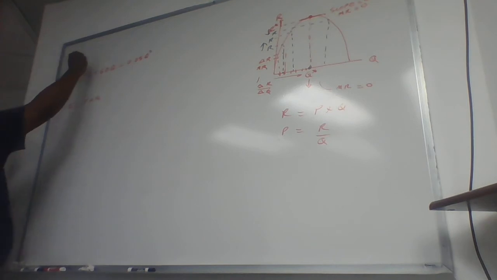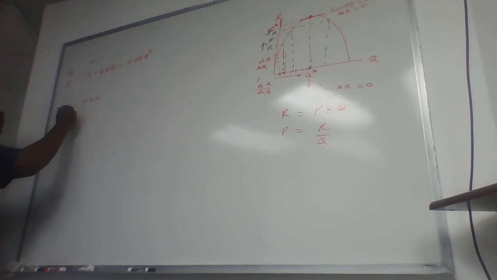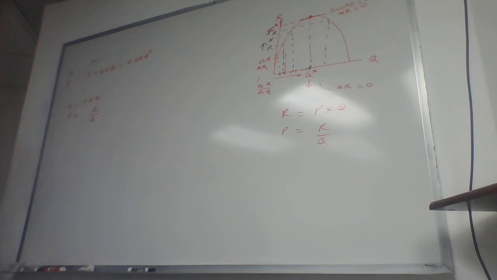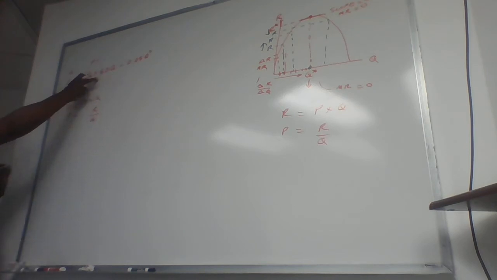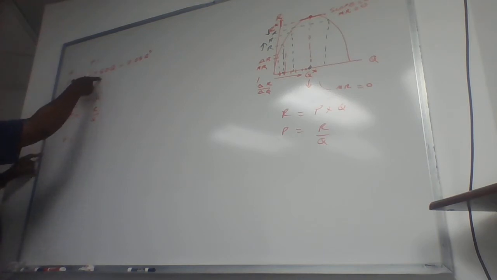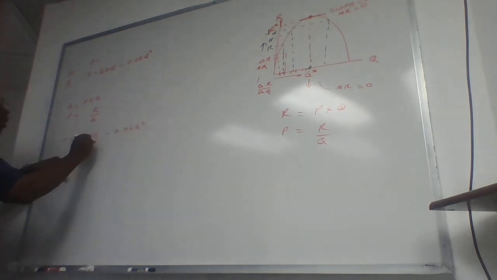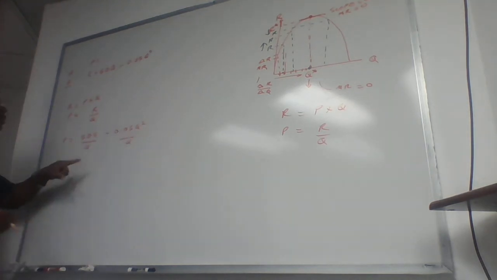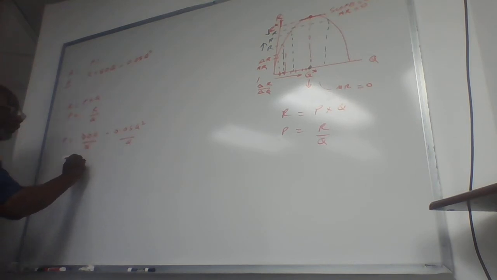We want to find P for A. Revenue equals price times quantity, and I want to find P. To get P by itself, P equals R divided by Q. So I need to take this R equation and divide it by Q. P therefore would be my R equation, 50Q minus 0.05Q squared, all divided by Q. I have to divide each term by Q. This and this cancel out, which leaves 50.